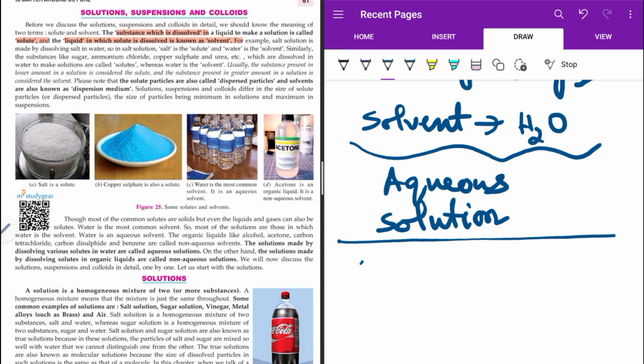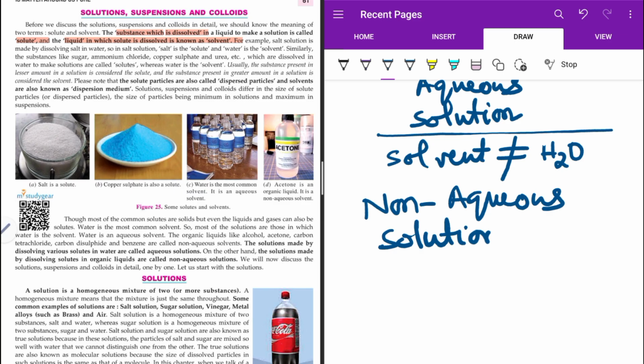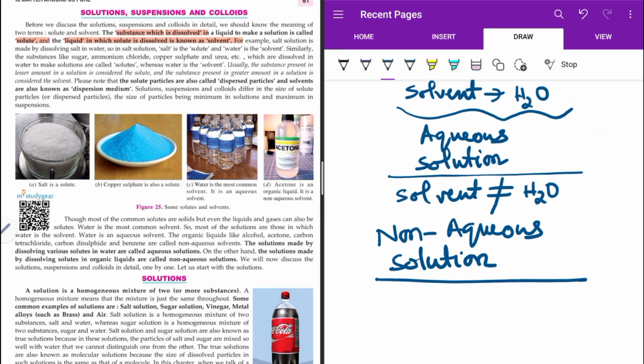If the solvent is not water, that means apart from water, any other solvent is taken, then such a solution is termed a non-aqueous solution. That means the solvent is not equal to water. Then it is a non-aqueous solution.